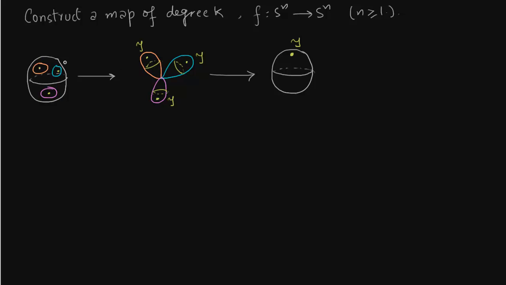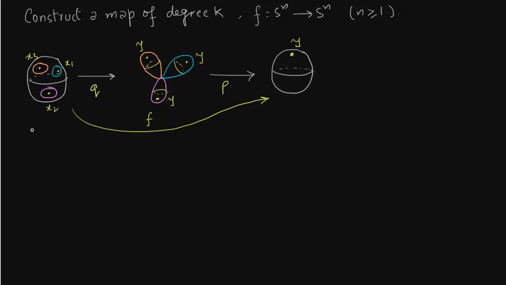This y comes from 3 different local points, x1, x2 and x3. So now you can see where we are going. This map is Q, this map is P.